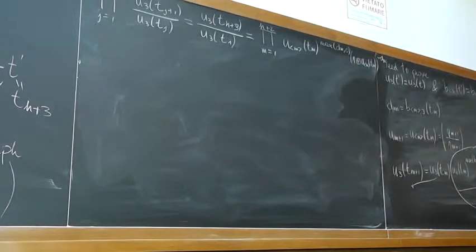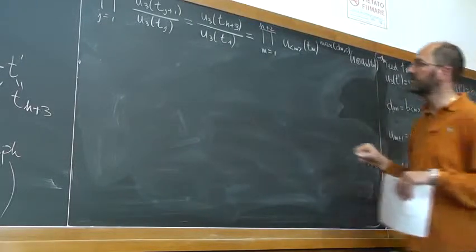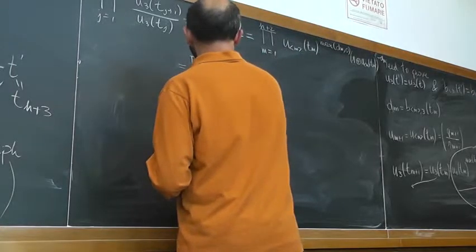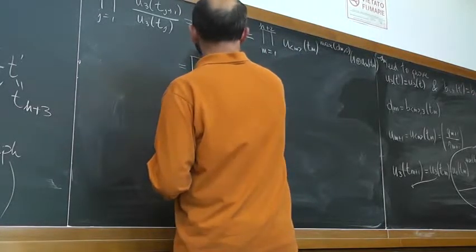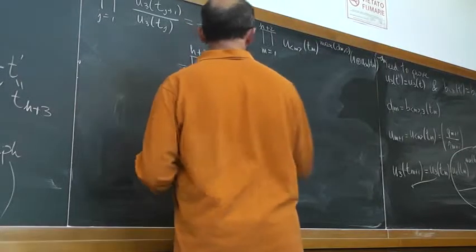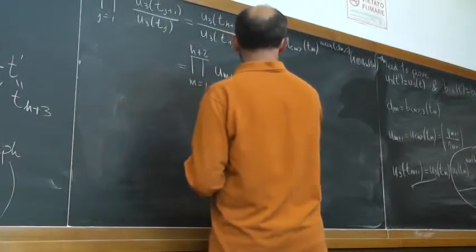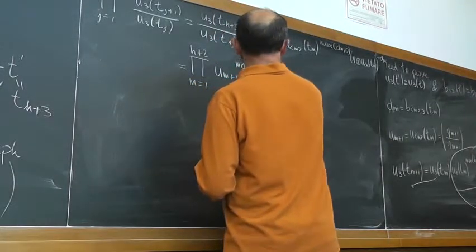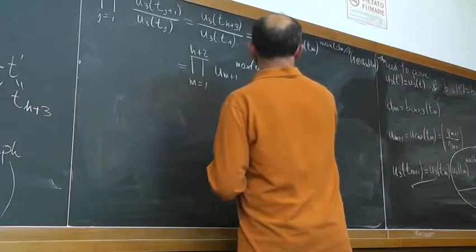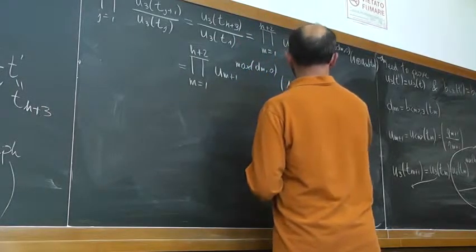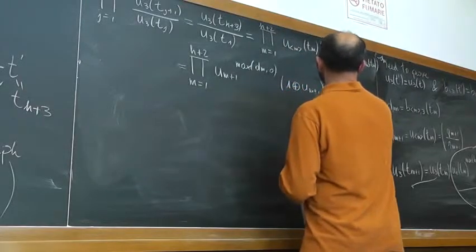This is the same as before. And then we also use the notation u_{n+1} instead of u_n of t_m for convenience. So we have the product n from 1 to h plus 2 of u_{n+1} to the maximum between d_m and 0 times 1 plus u_{n+1} to the minus d_m.